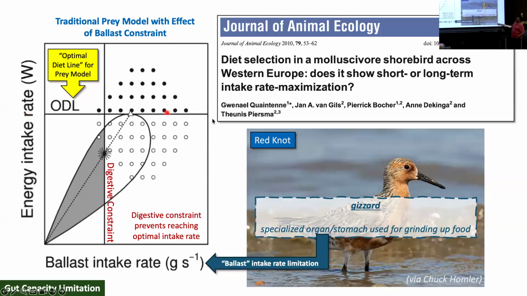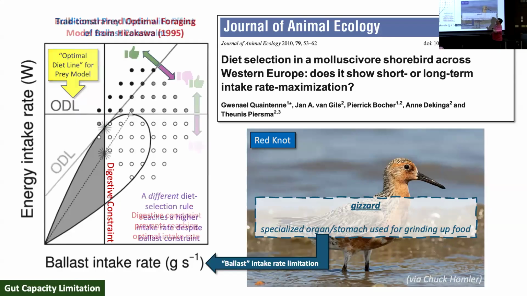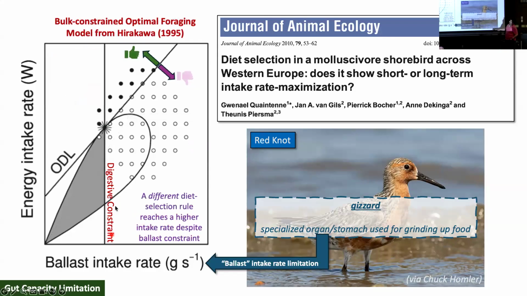So this optimal diet line separates the food you eat from the food you don't, and it's a 0-1 relationship. But when you add the digestive constraint in, down here, if you say we do have a digestive constraint, then the model prescribes a recipe for how to pick the optimal diet for this gizzard-containing animal, for this intake rate constrained animal.